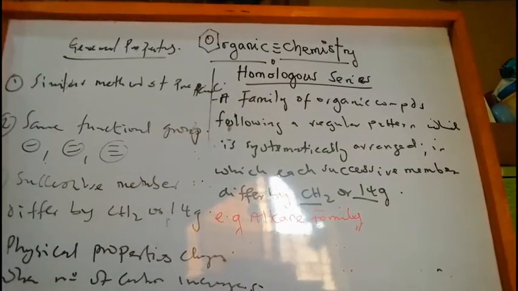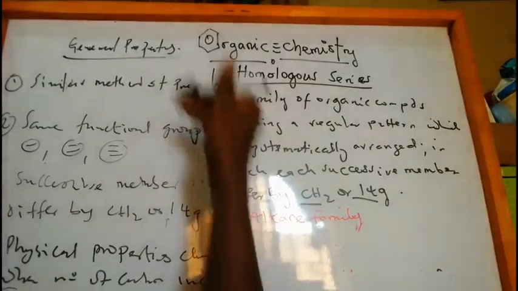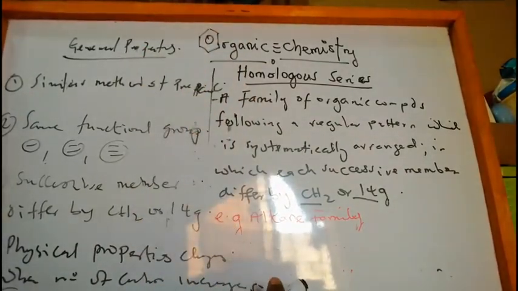For example, for alkenes, from number 1 to number 4, they are gases. From number 5 to I think number 8 or 9 or thereabout, they are liquid, while the other fractions are solid. So as the number of carbon is increasing, the physical property is also what?